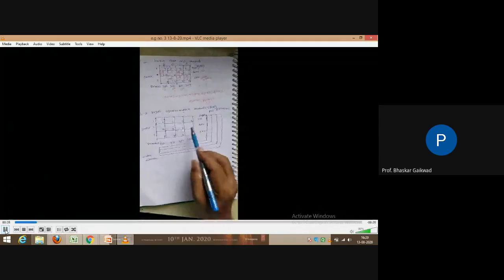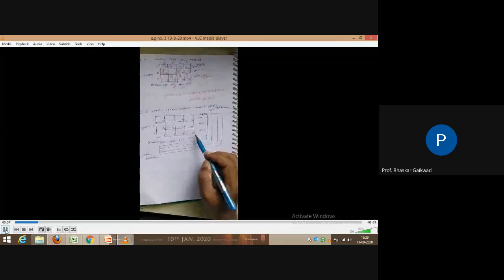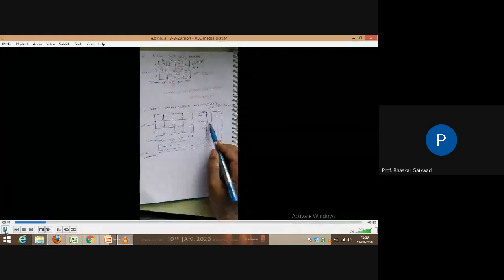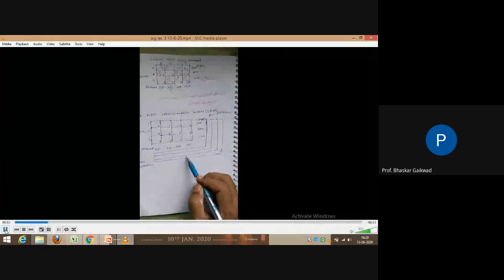Now by using this method, we have to find what the actual transportation cost required is. So initially you have to make 3 columns and 3 rows like this.